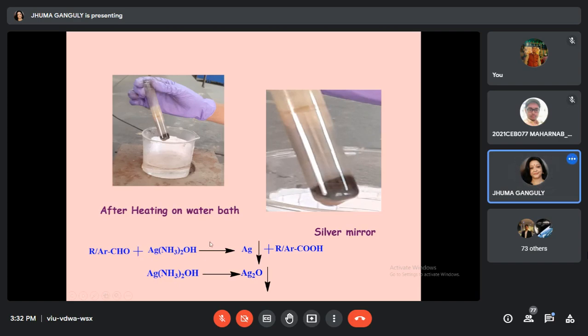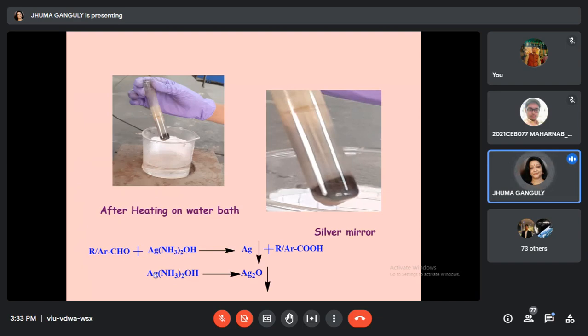You take sodium hydroxide and add silver nitrate solution, and you immediately get a silver hydroxide precipitate. Then slowly add ammonia to dissolve the silver hydroxide.